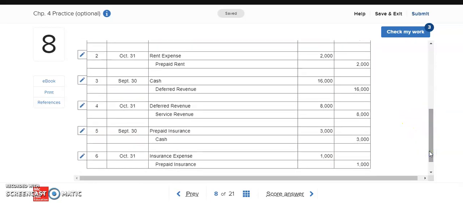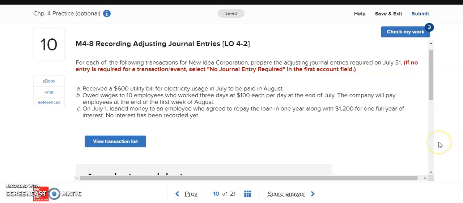Okay, now on to our next problem, which deals with accrual entries. Let's begin by talking about what an accrual is. Adjusting journal entries are required to record accruals because these are revenues and expenses that have not been recorded yet at all.